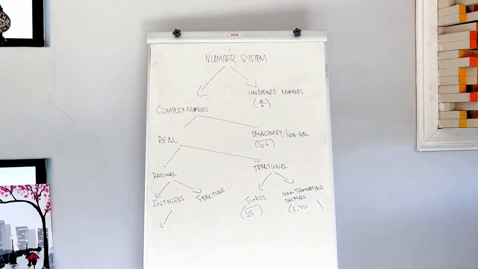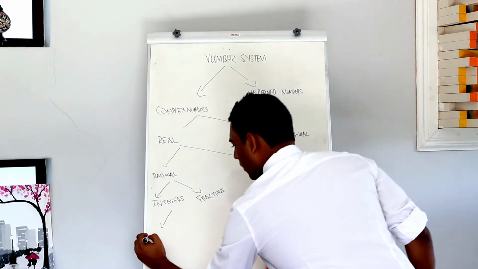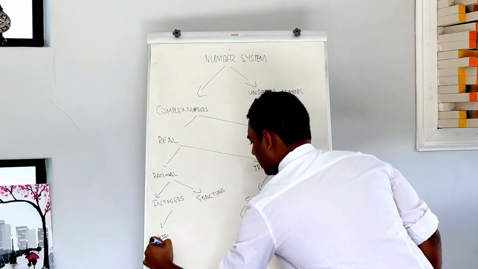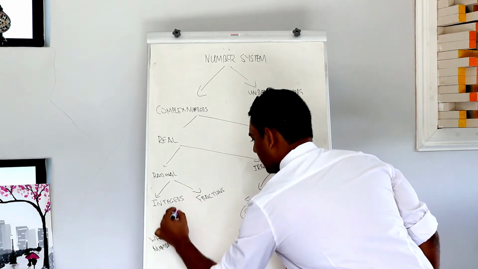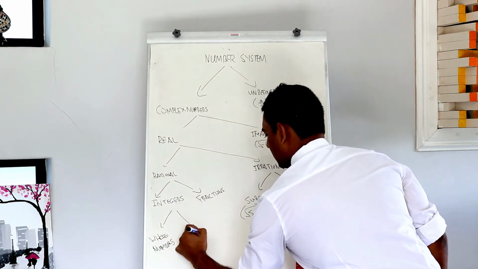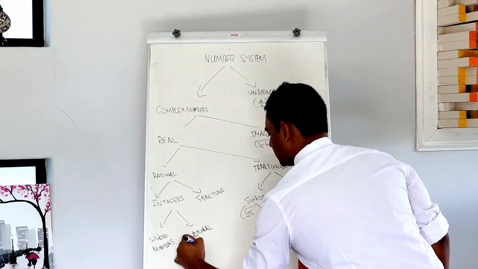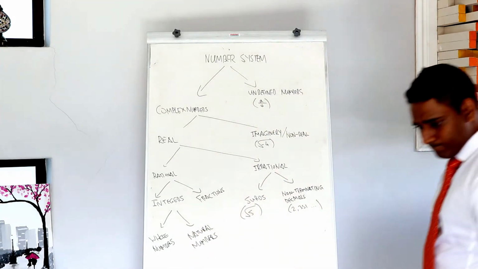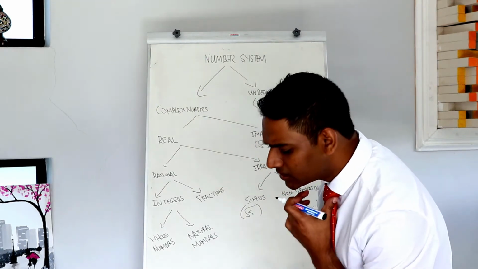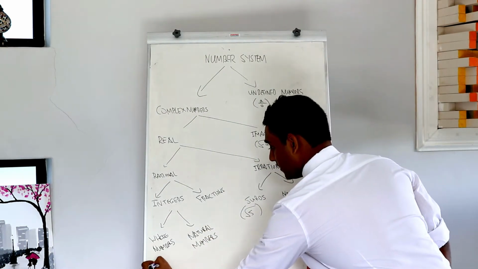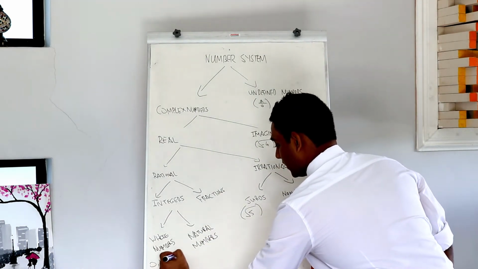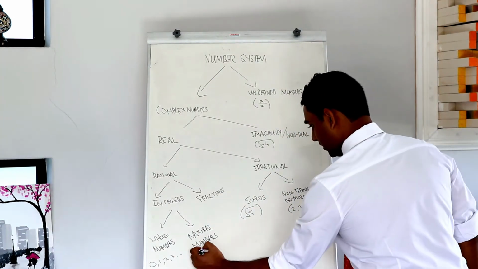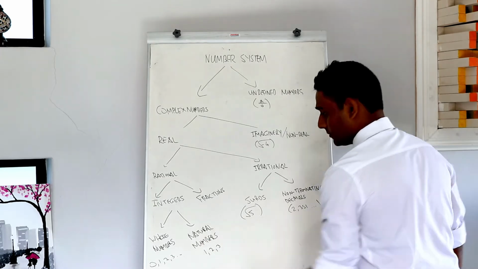Whole numbers would be anything from 0, 1, 2, 3 going on, and natural numbers would be from 1 going up.